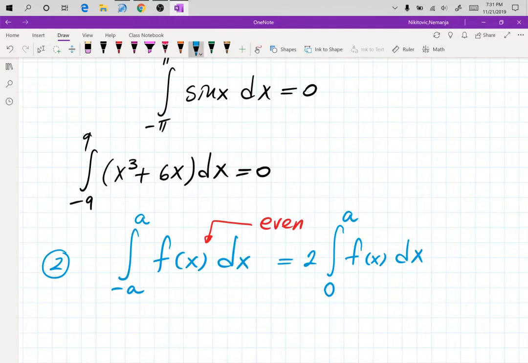So it's not a huge time saver, but at least you don't have to compute at negative 9 or negative 3. You can compute at 0. It's much easier to multiply by 2 than to compute the whole antiderivative with a negative number of some sort. So it shaves off a couple of seconds off your work.